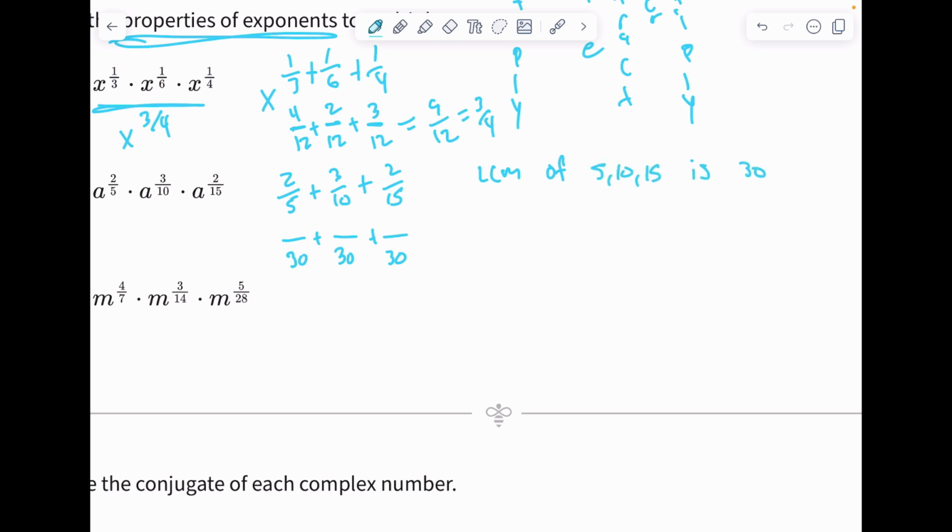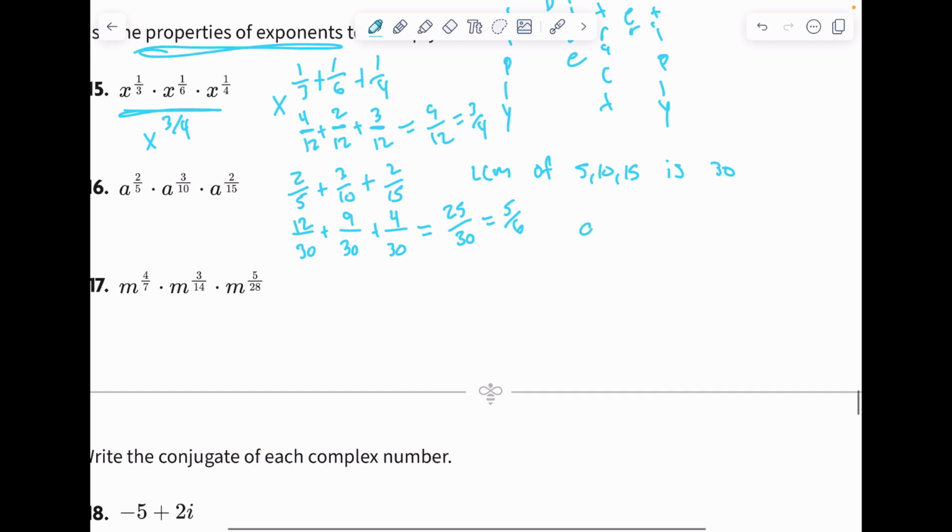So this is times 6, which is 12. This is times 3, so this is 9. This is times 2, which is 4. 12 plus 9 is 21. 21 plus 4 is 25. This is 25 over 30, which is equal to 5/6. This is a to the 5/6.